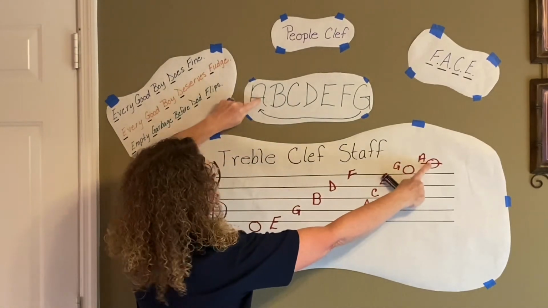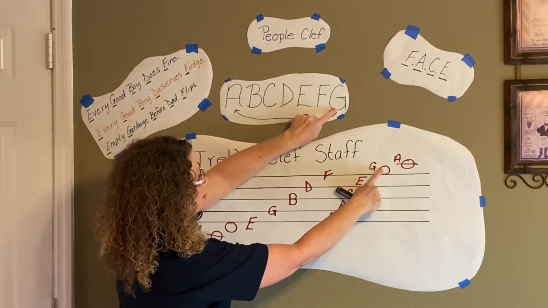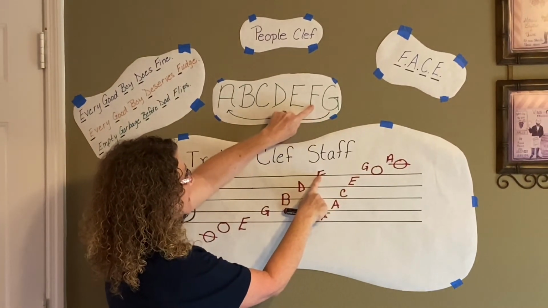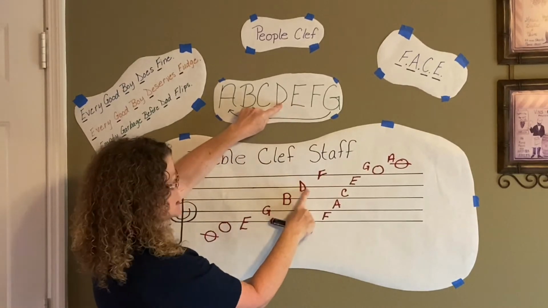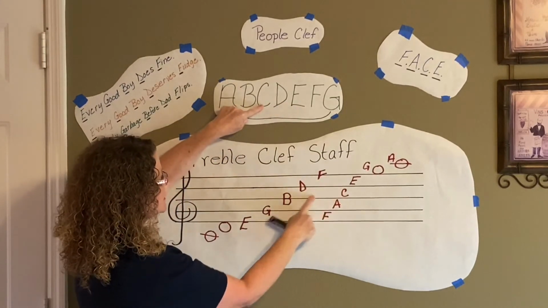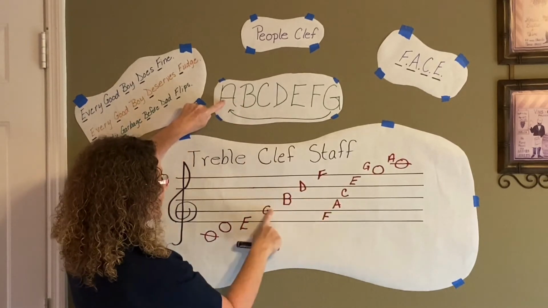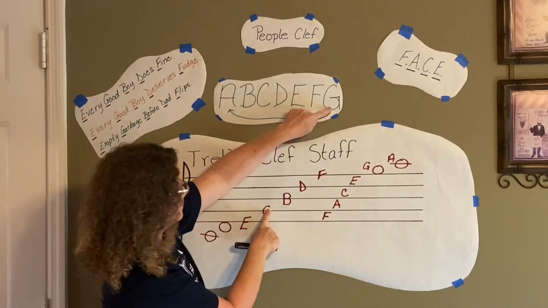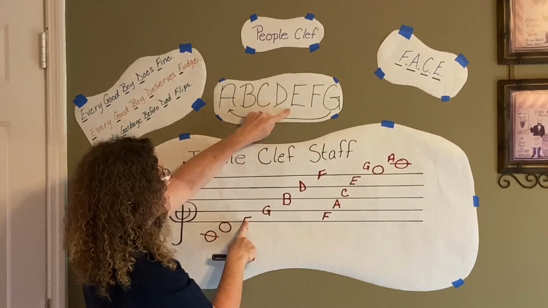I'm 2 steps above on A, I step down to G. Then I step down on the line to F, space to E, line to D, space to C, line to B, space to A, line to G, going backwards, space to F, line to E.